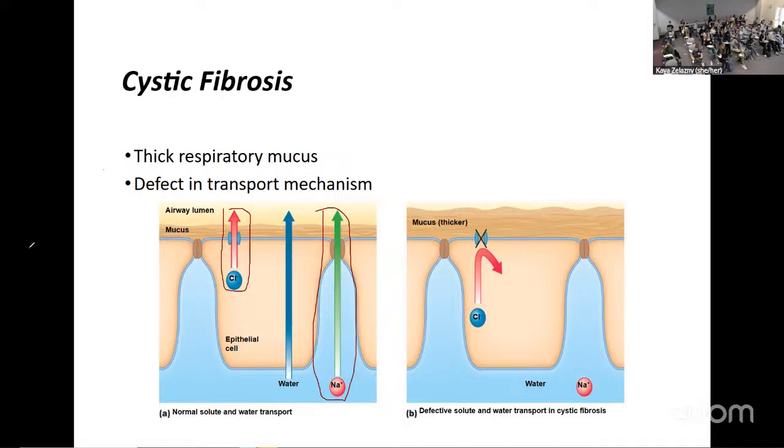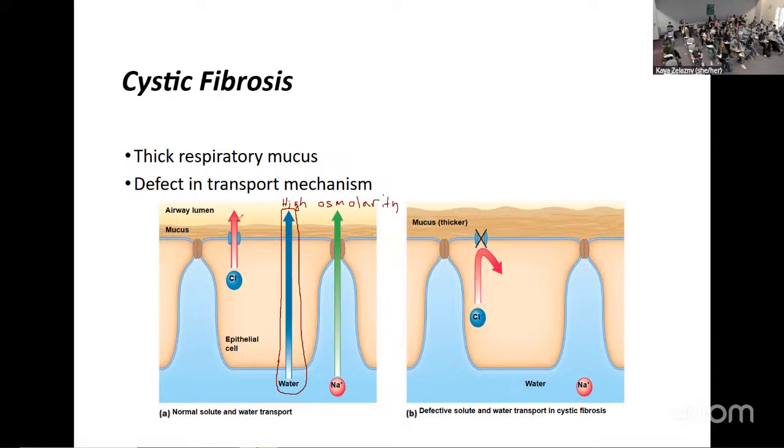So essentially what we do is build up high osmolarity, high tonicity, in this location. That exerts a pull on water. Here we see water following that solute gradient to the surface of the lung tissue.